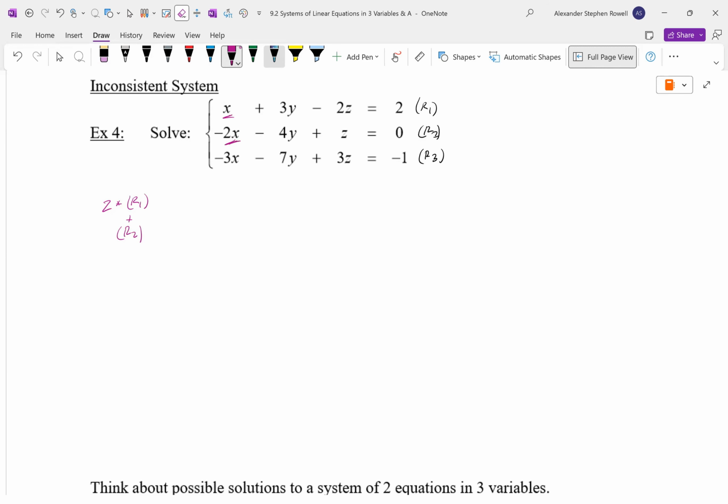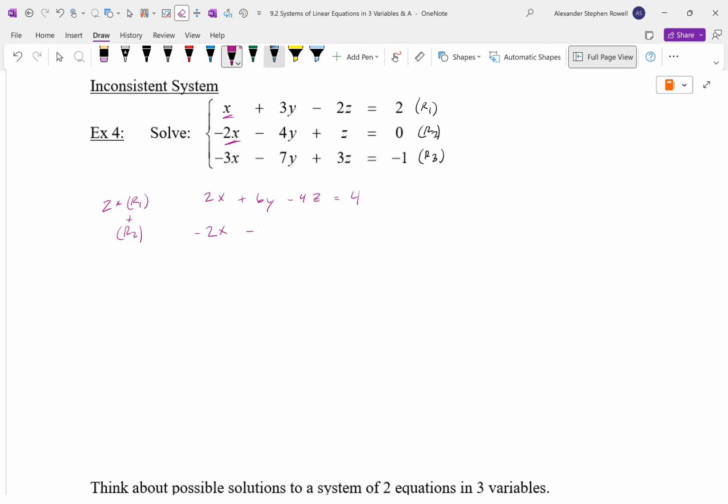Let's eliminate the x variable. 2x plus 6y minus 4z is equal to 4. Just double check all those computations. If you make one tiny error at the beginning, it makes everything awful at the end. So I usually like to double check as I go along.